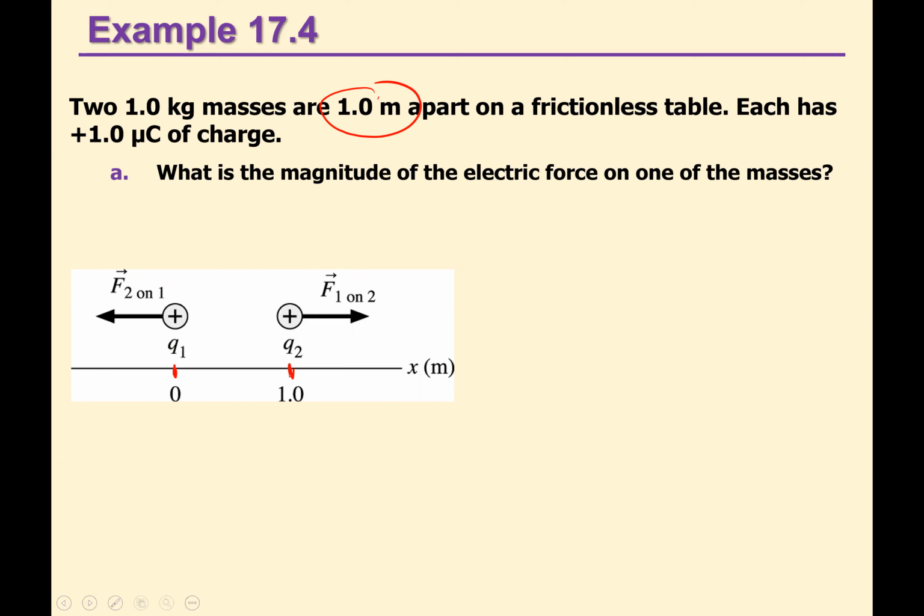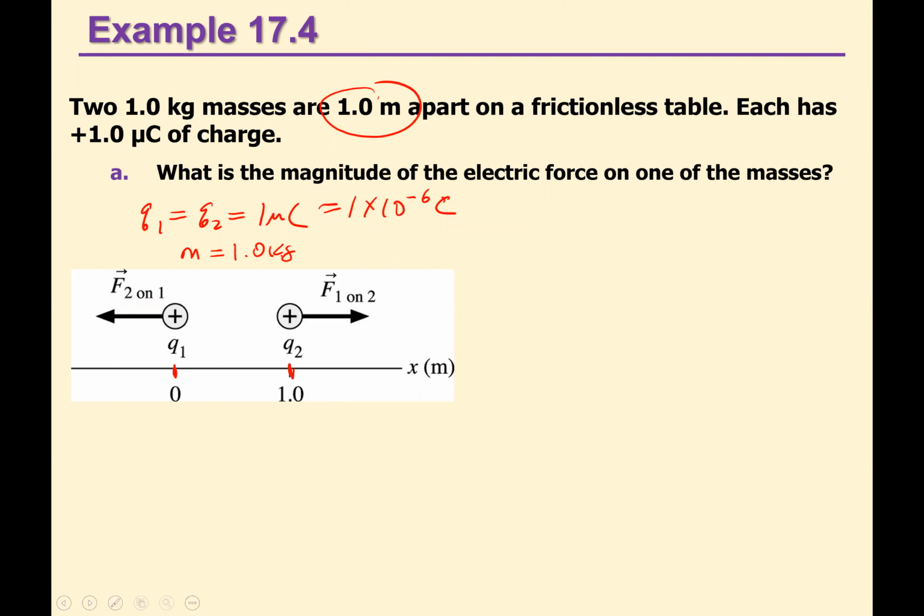So I also have the charges. That means Q1 equals Q2 equals 1 microcoulomb, which means it's 1 times 10 to the negative 6 coulomb. That's what micro stands for. We're also given their mass, which is 1 kilogram. Remember, you don't really need mass if you're calculating the electric force.